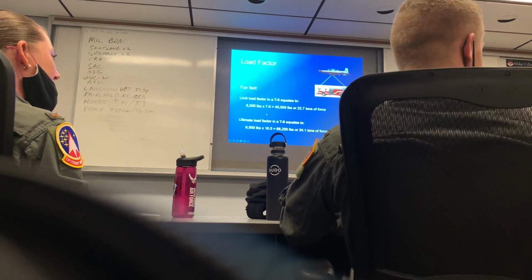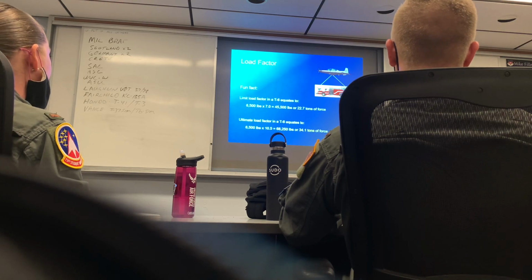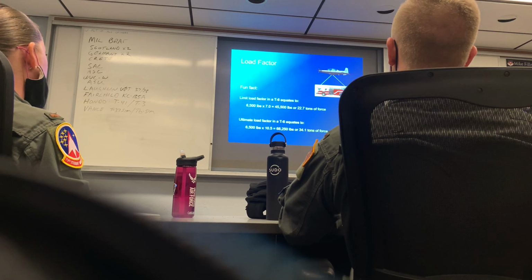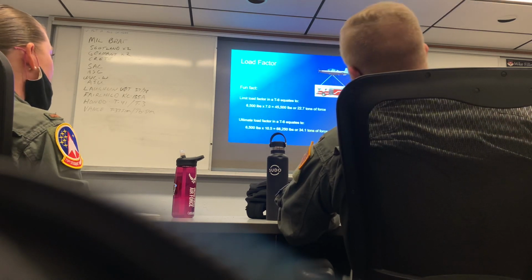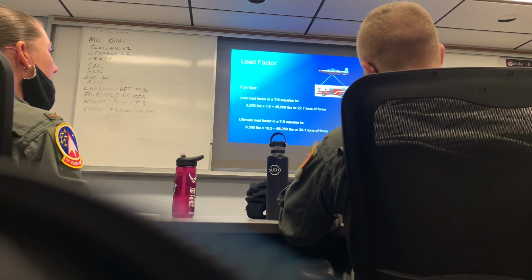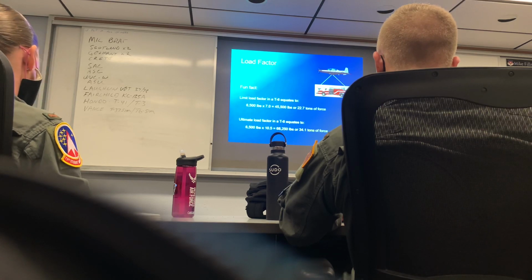So what's your ultimate load factor in your airplane? Right there. Okay? Ultimate load factor is 10.5, right? So 1.5 times the limit. So you can pull 7 Gs symmetric, and it's gonna flex those wings, but they're gonna go back to normal when you stop.